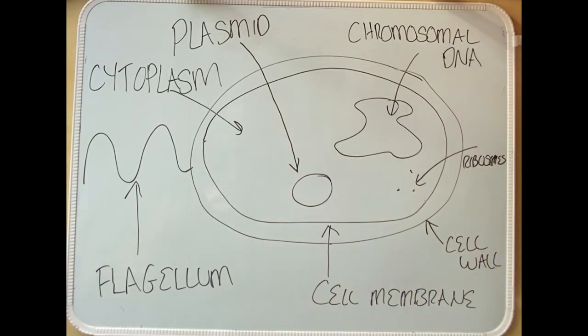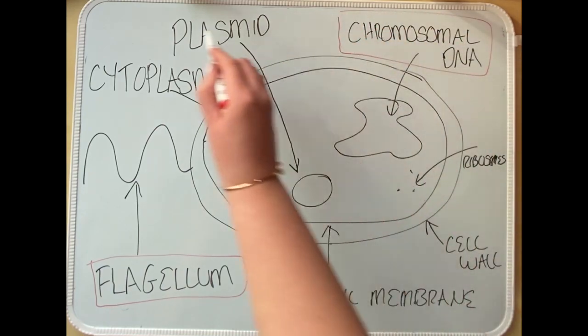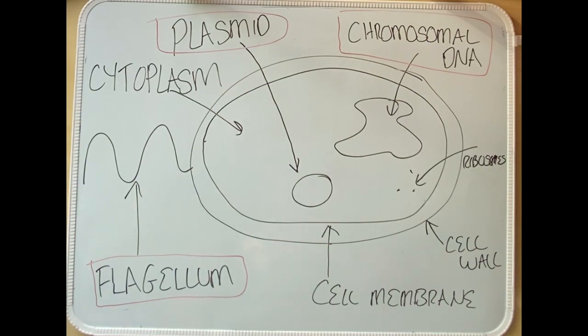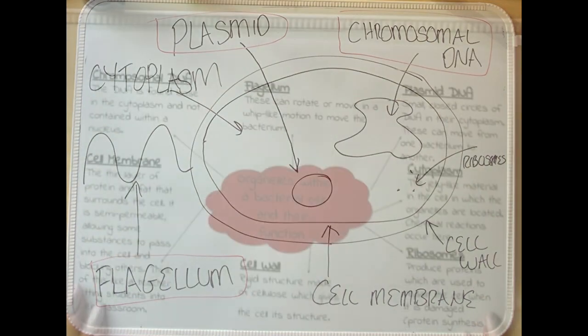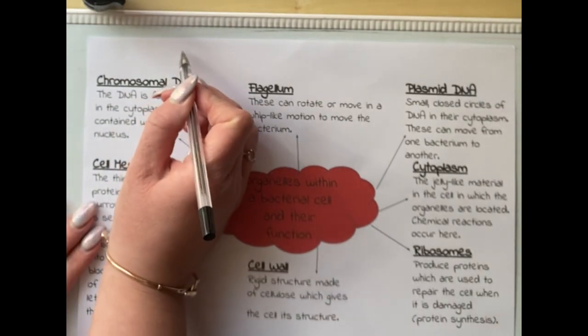In summary, the chromosomal DNA is represented by that squiggly line and DNA can float in the bacterial cell. The flagellum is represented by a squiggly tail-like structure and allows the bacteria to move. The plasmids or plasmid DNA are just small circles within the cytoplasm.